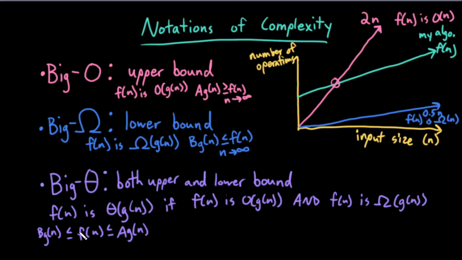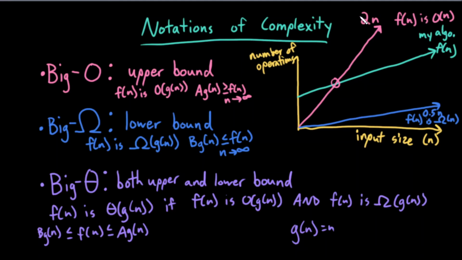So this g of n and this g of n, they're the exact same function g of n, but I could have two different constants, and some constant times g of n is always a lower bound on f of n, and some different constant times g of n is always an upper bound on f of n. So in this example, I already found those two constants. In all these examples, I was using g of n equals n in this diagram.